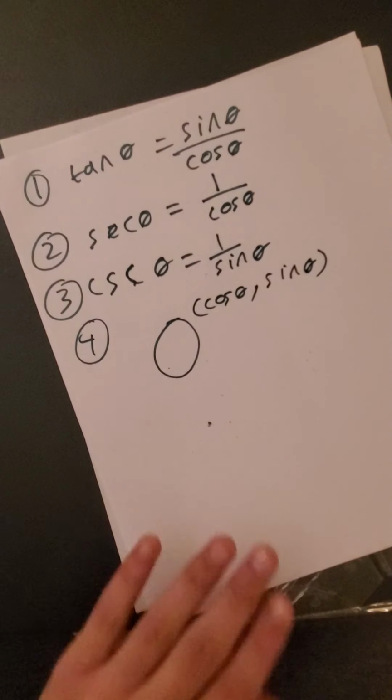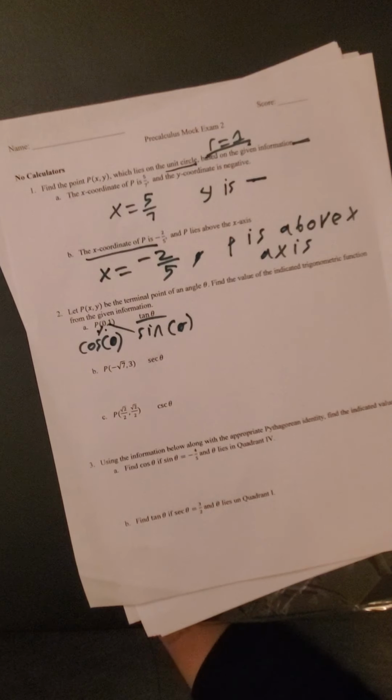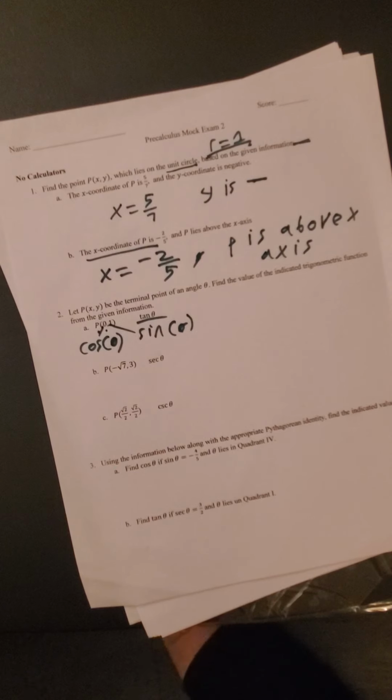Let's start by doing the first question. So the first question is saying that we have P of 0, 1, and they're asking us to find tangent of theta.